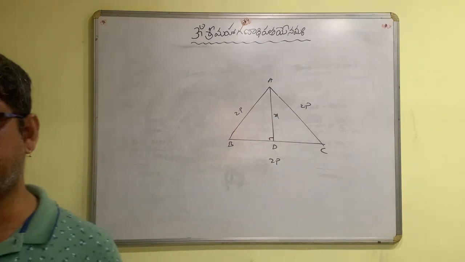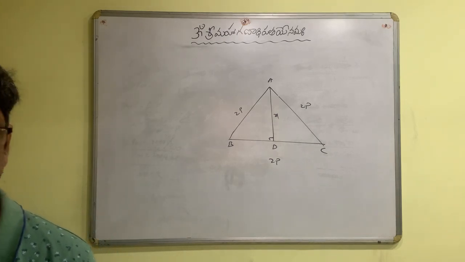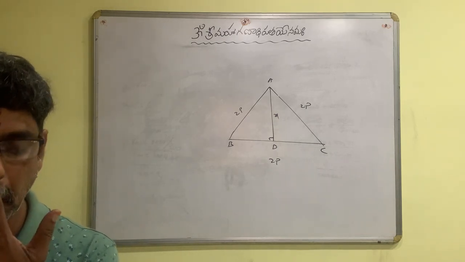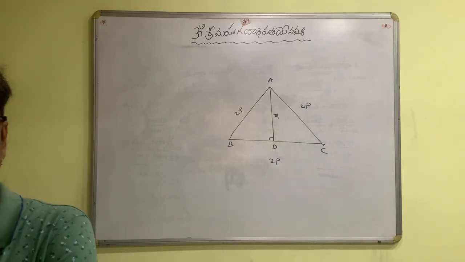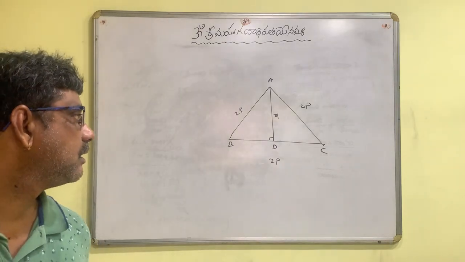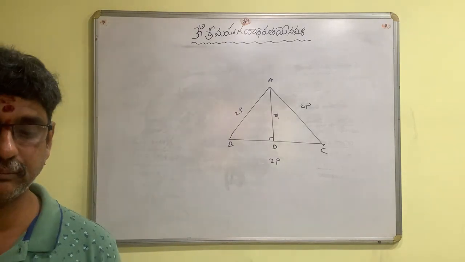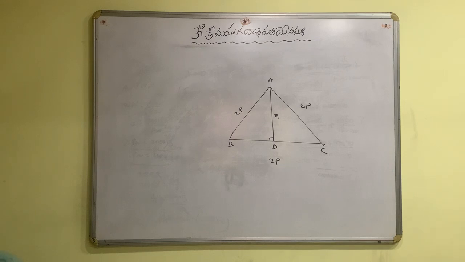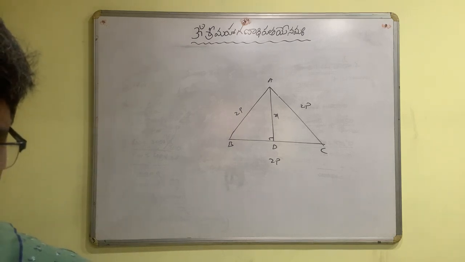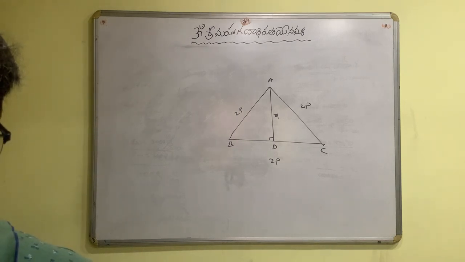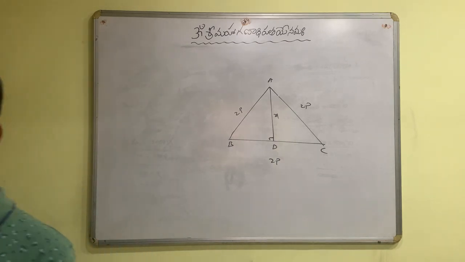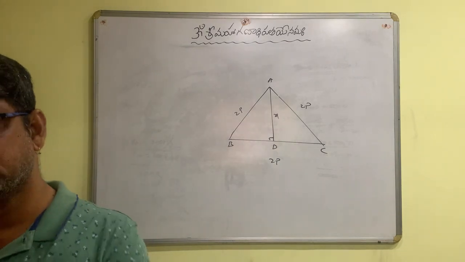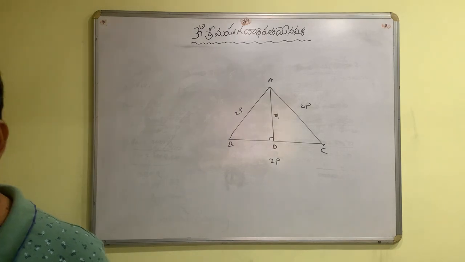The side of the equilateral triangle is 2p units, and he is asking about the length of AD. Bodepalli says it is root 3p. What is the reason?